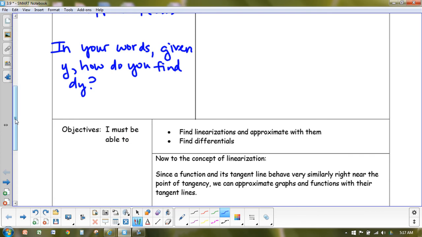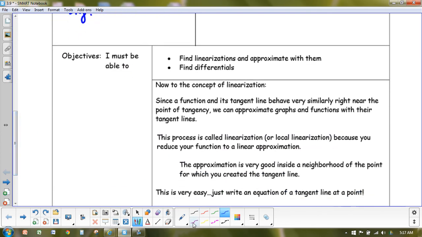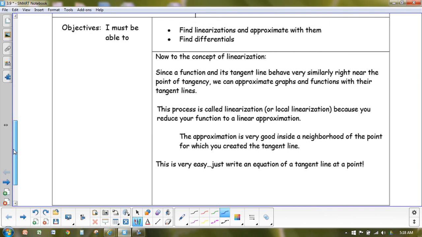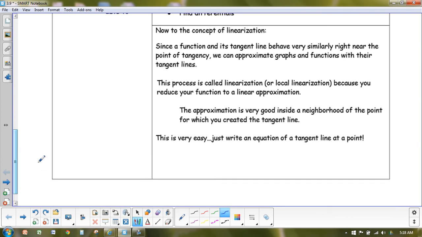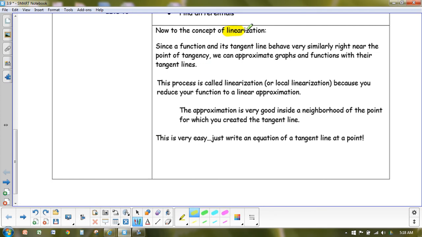The idea of linearization, we've already talked about linearization before. You've already written tangent lines. So what we're doing is using the idea that a tangent line behaves very similarly to your function near the point of tangency.